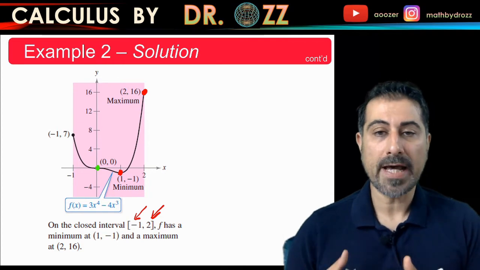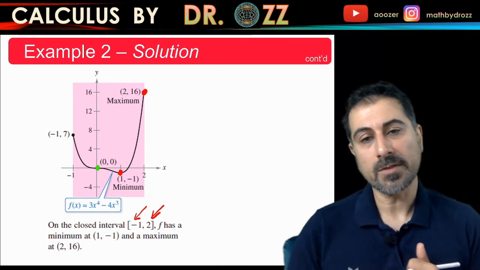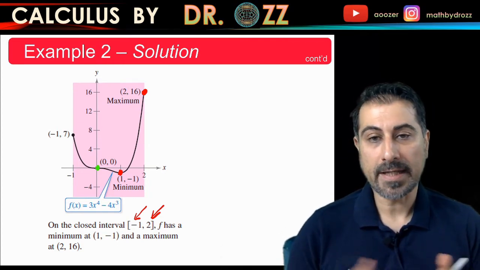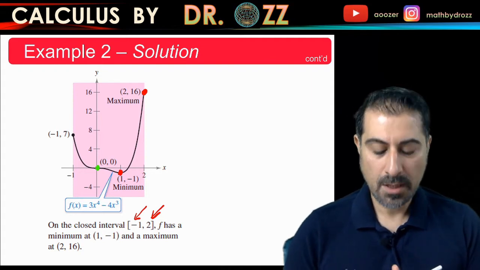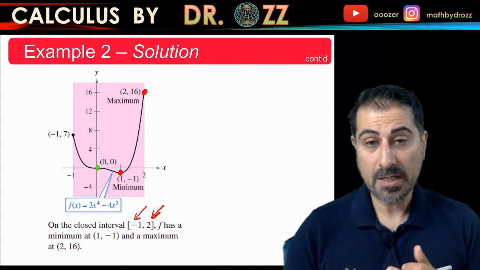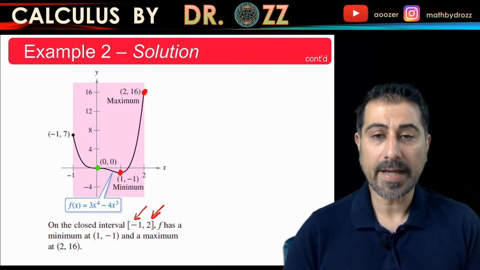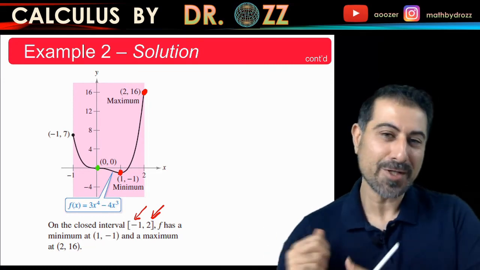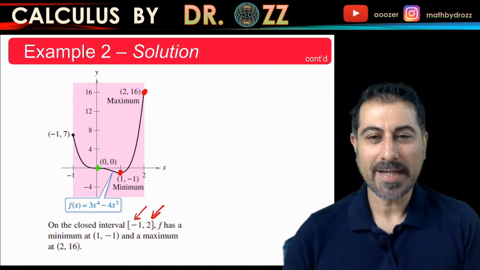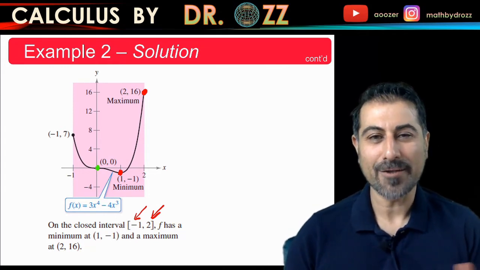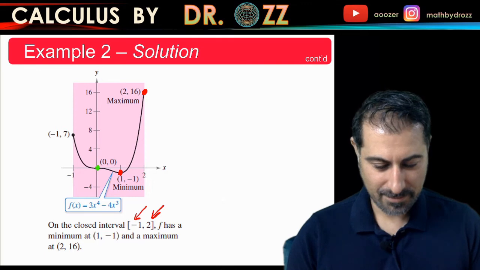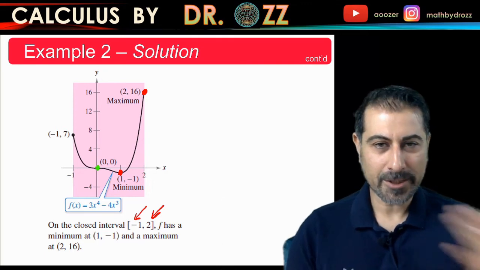And we do know that for functions defined on a closed interval, a maximum or minimum can happen at the endpoints. Endpoints are not critical numbers, but if a maximum or minimum is happening at an interior point, that point has to be a critical number. But not every critical number is going to spit out a maximum or minimum value. I hope I was able to get the idea across.